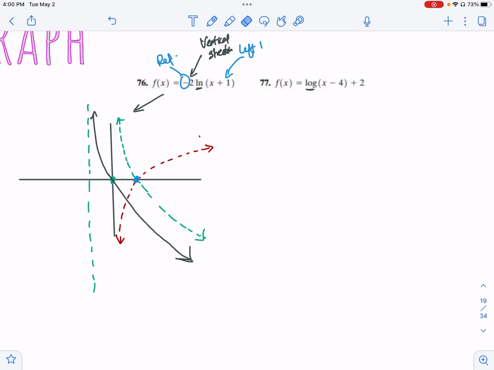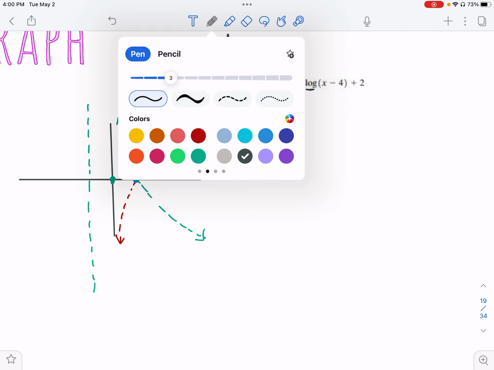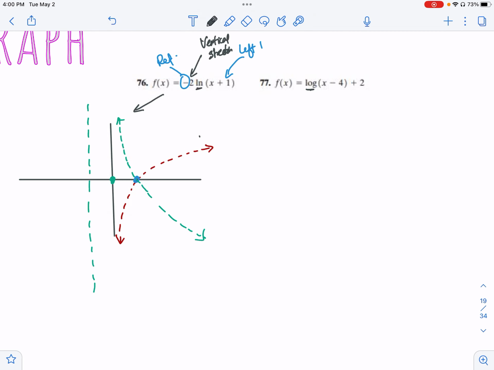So I can try and make this actual graph a little bit steeper than the parent to accommodate the a value there. There we go. I tried to make it steeper.